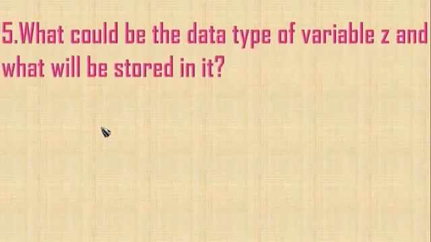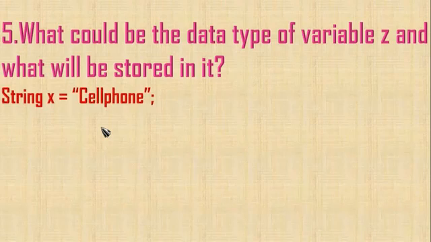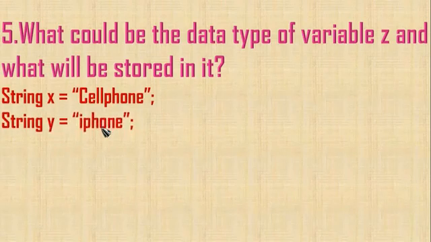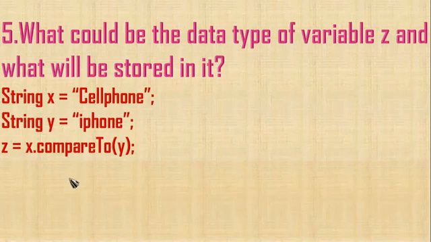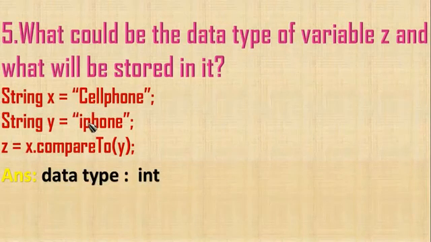Next question. What could be the data type of variable z and what will be stored in it? String x is cell phone, y is iPhone, and then z is equal to x dot compareTo y. compareTo returns an integer data type after comparing. Both strings will be compared lexicographically, that is as per the dictionary.